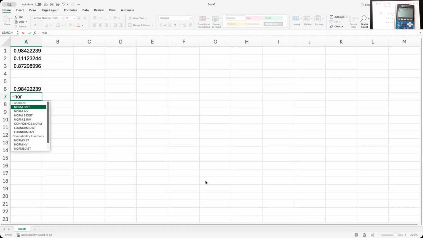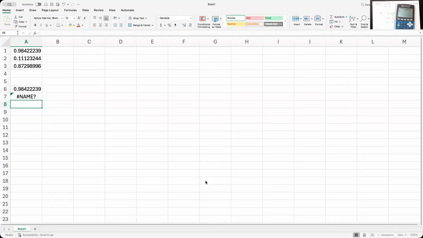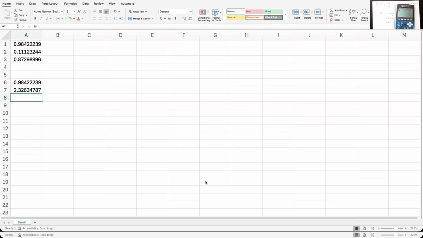And look, there it is. There's a normal inverse and a normal S inverse. So I can do the standard inverse right there. Norm.S.inv parentheses 0.99. Same number.